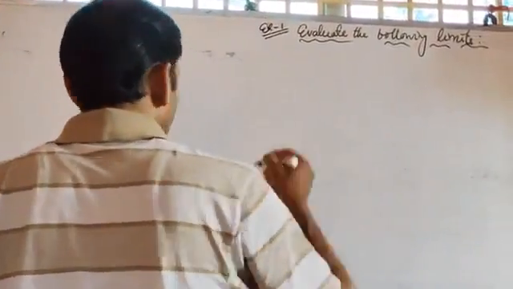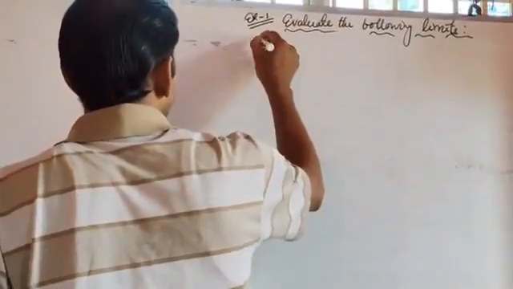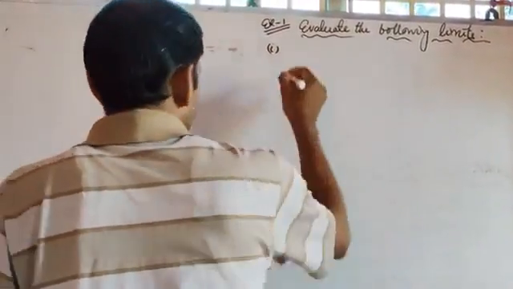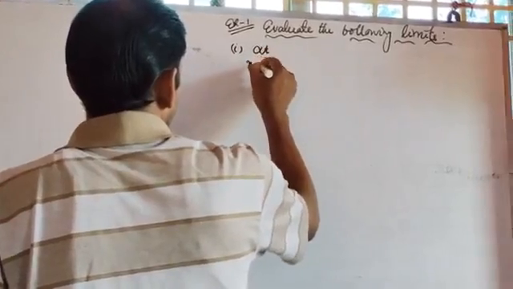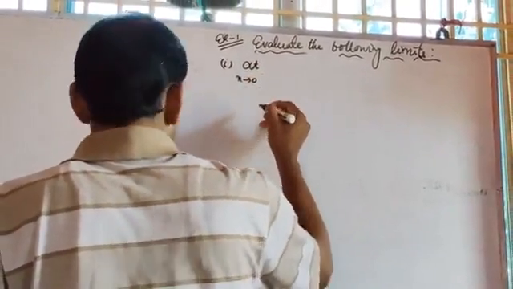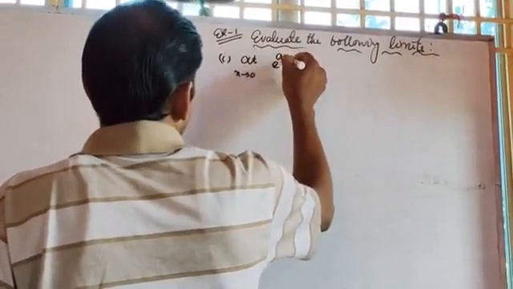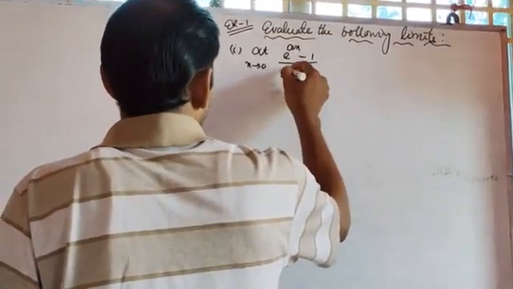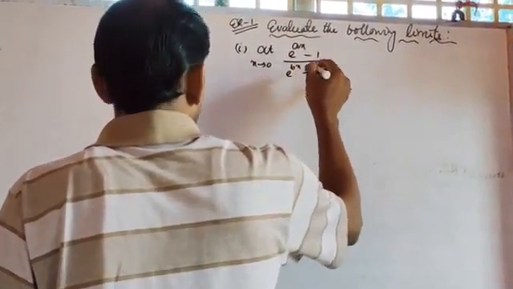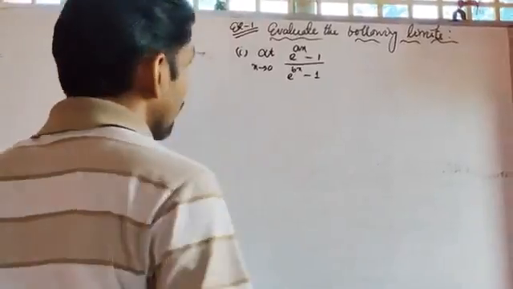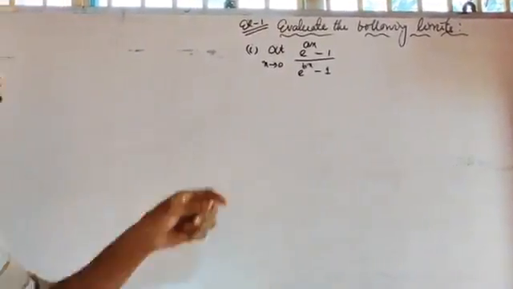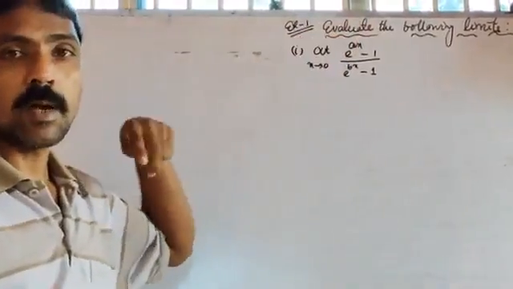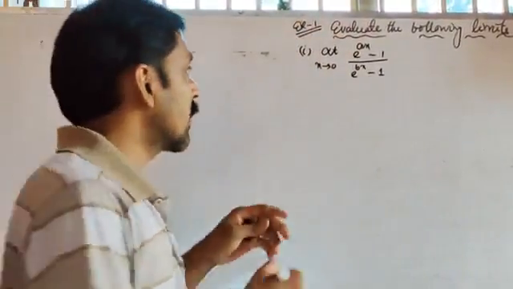So first, limit x tends to 0, (e to the power ax minus 1) by (e to the power bx minus 1). Okay. Now first of all, you see it is in the form e to the power x minus 1 by x, but the denominator x is not there.